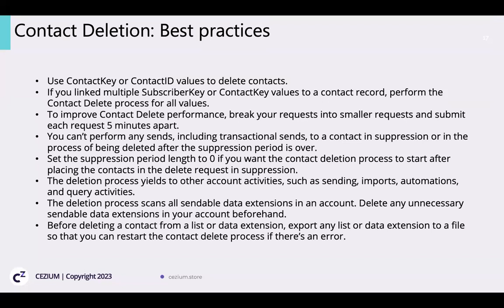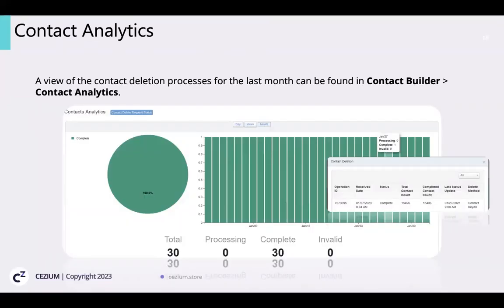So I think I kind of talked about all we have to address during the deletion process. You can see what happened. You have analytics and insights about your contact deletion processes. So you can find that in contact analytics, in contact builder.